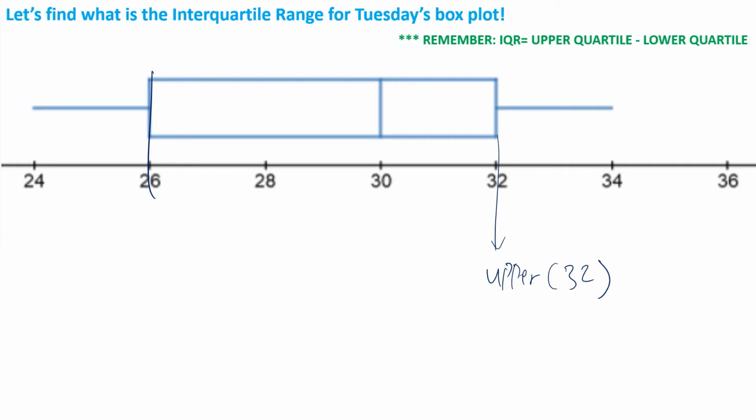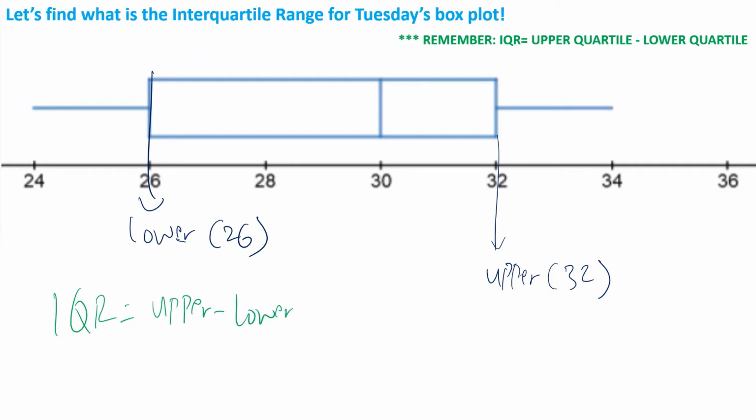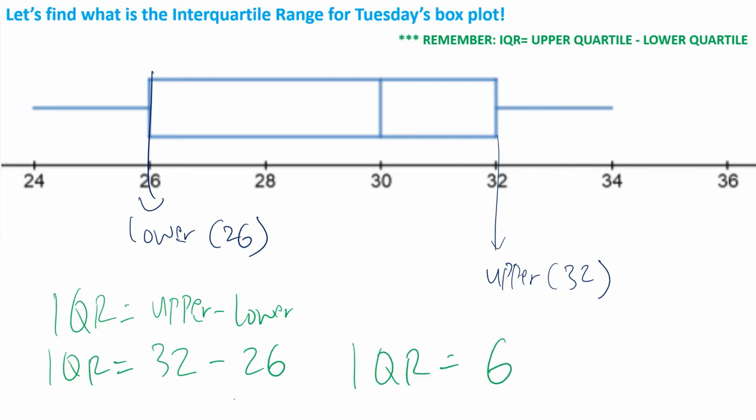Right here, we see that it is the lower quartile, and it hits exactly at 26. So our upper is 32, our lower is 26. Our interquartile range will be 6.